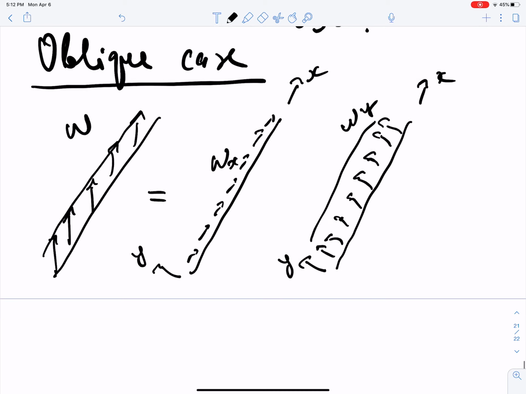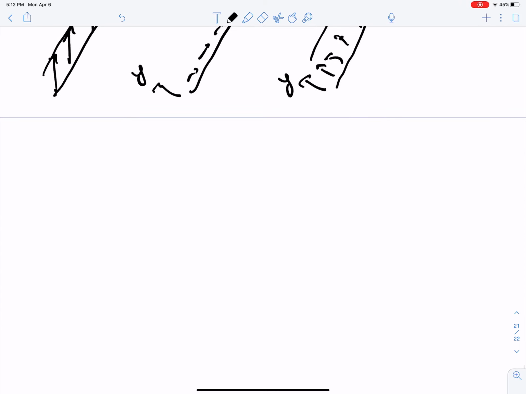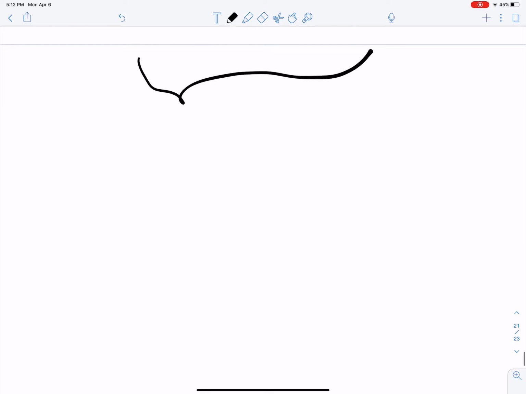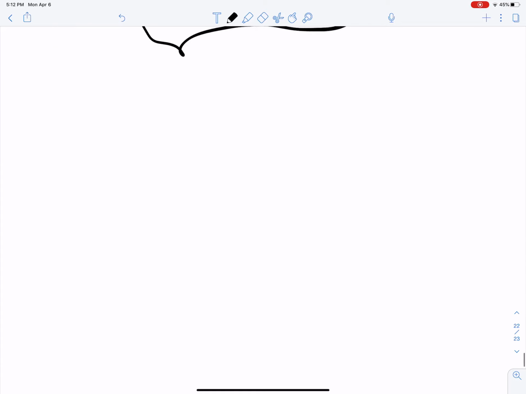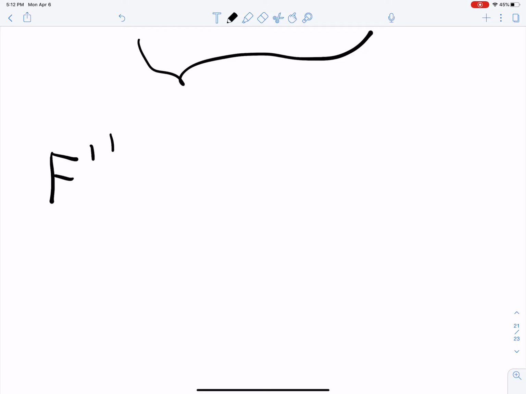Because we're dealing with linear structural analysis, the effect is additive. We can write the following expression for the force vector in the local coordinate system.